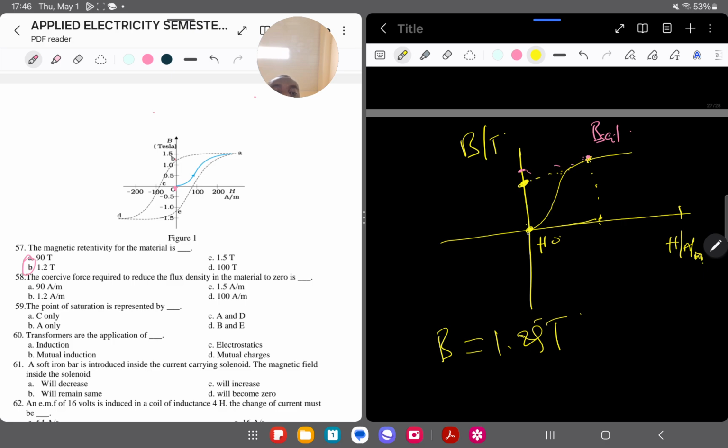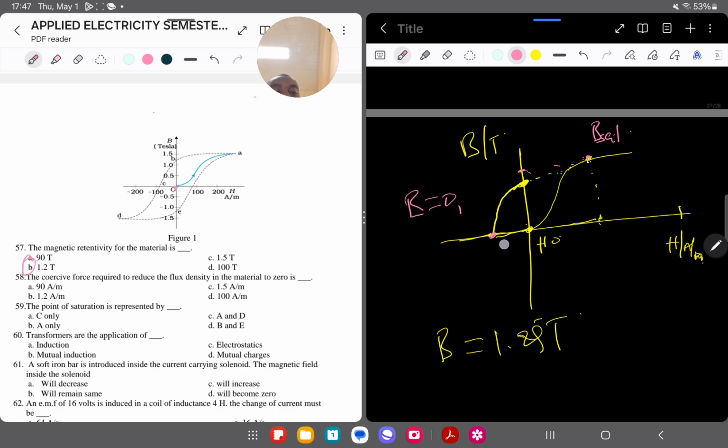So you continue to reduce this, and once you are increasing the magnetic field strength in the opposite direction, you reach a point whereby you get the magnetic flux density here to be 0. So at this point we have 0.